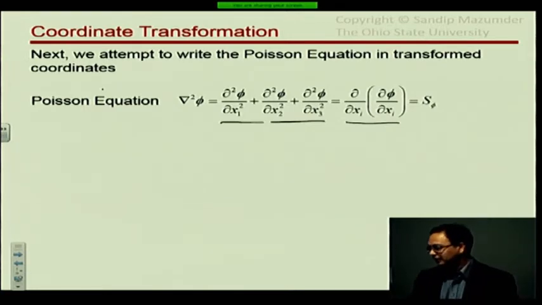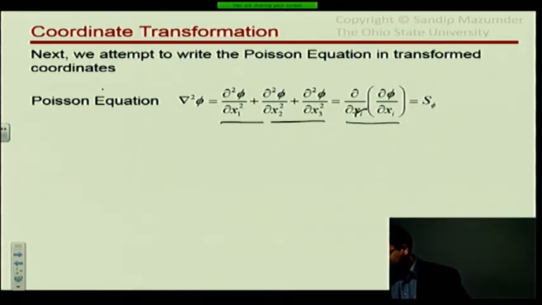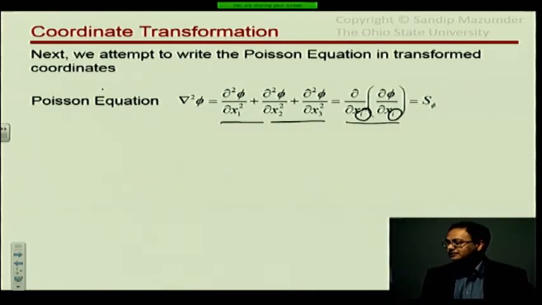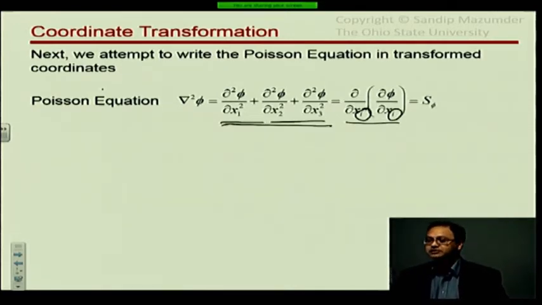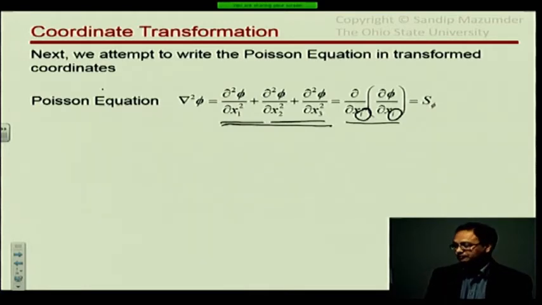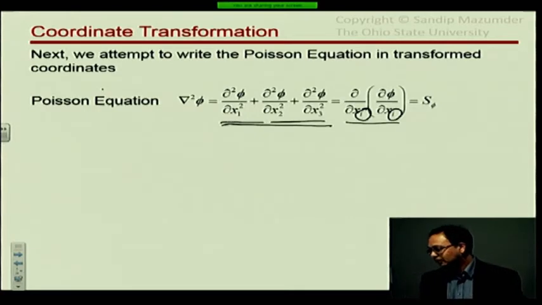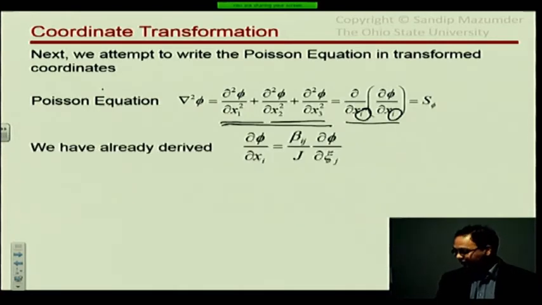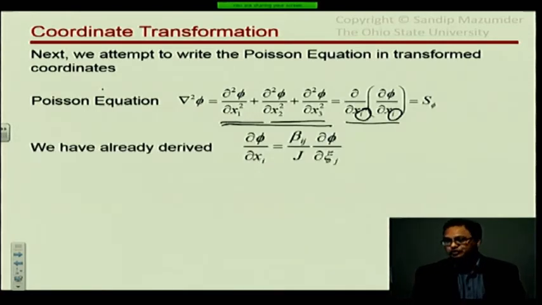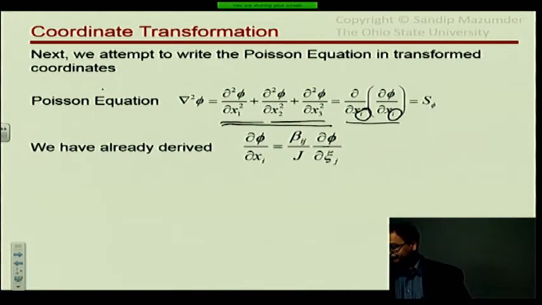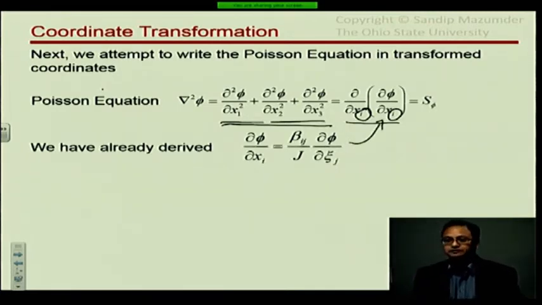Okay, again notice this is a tensor summation, with a repeated index, and that's what basically gives you these three terms. All right, so that's a compact way of writing it. We already have this relationship, we have derived this already. Okay, so I can plug that in here directly for d phi dxi.